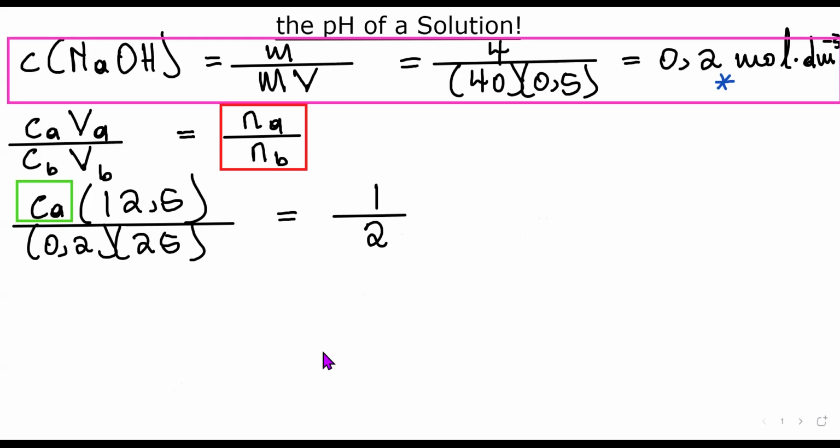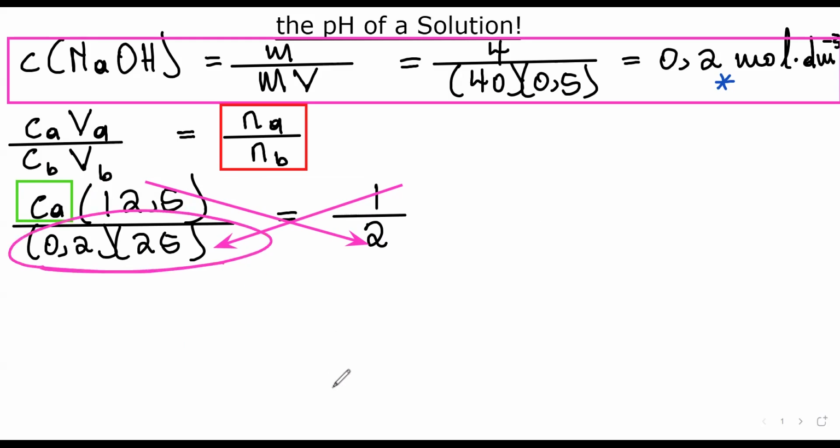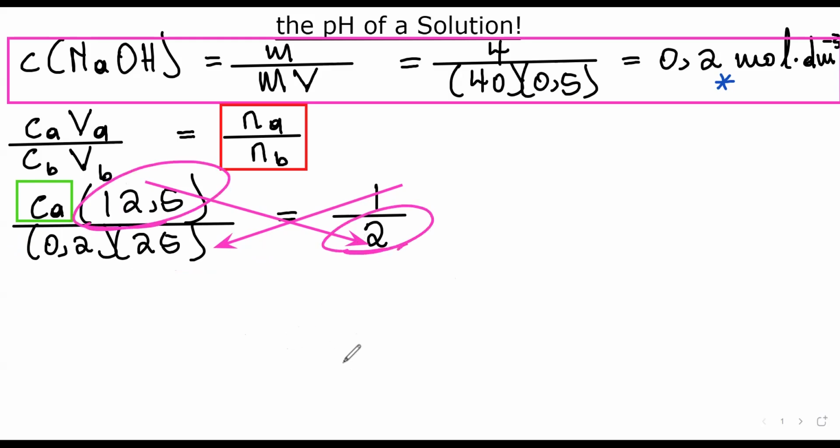Well, that's easy. You just need to cross multiply. On your left-hand side, you'll have 2 times 12.5, which will be 25 times Ca. On your right-hand side, you'll have 0.2 times that, but you'll still have to divide by 25.